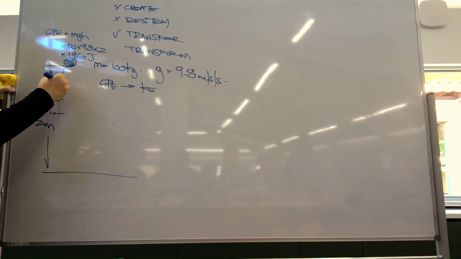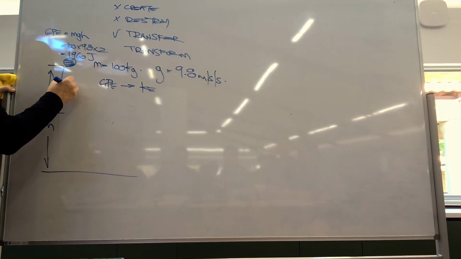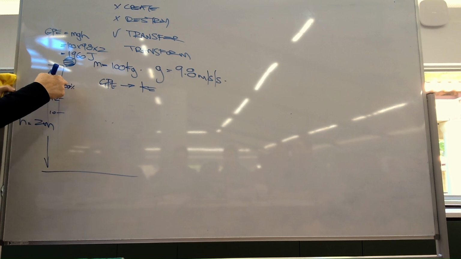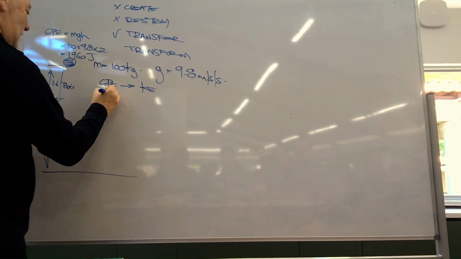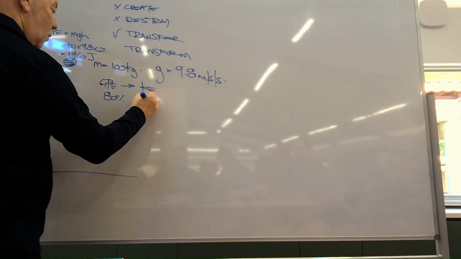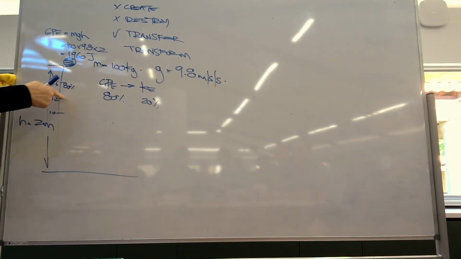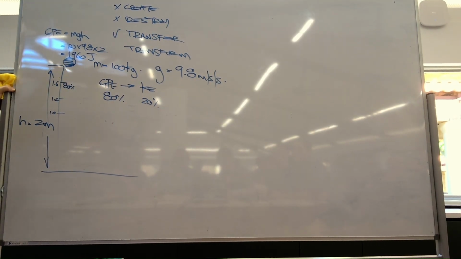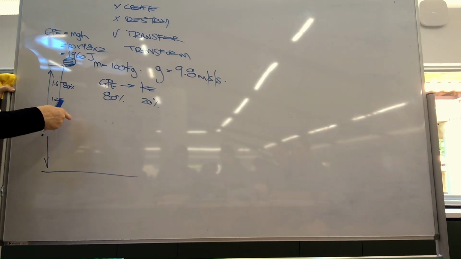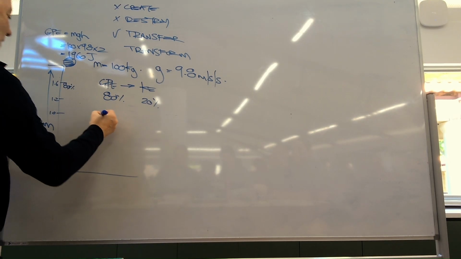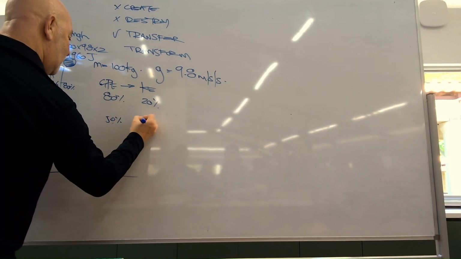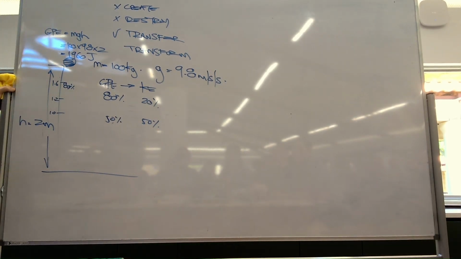At 80% down, it's still got 80% here, but 20% has been converted into kinetic energy. It's starting to fall. And as it goes further, at halfway down it'll be 50% here and 50% here.